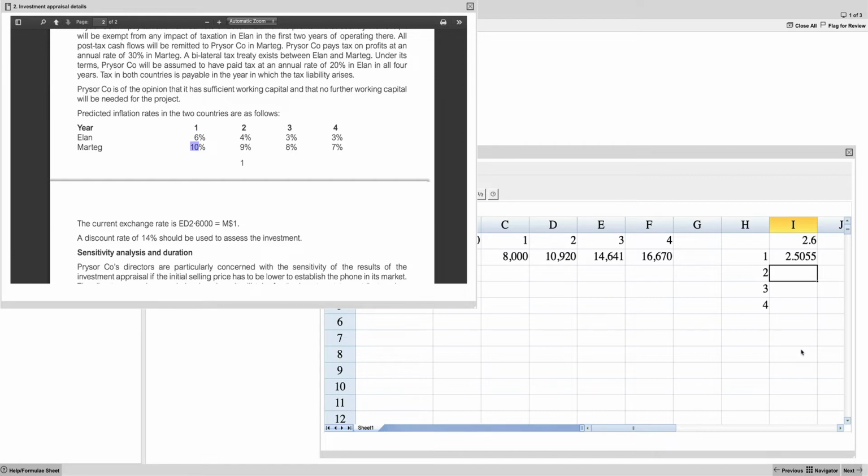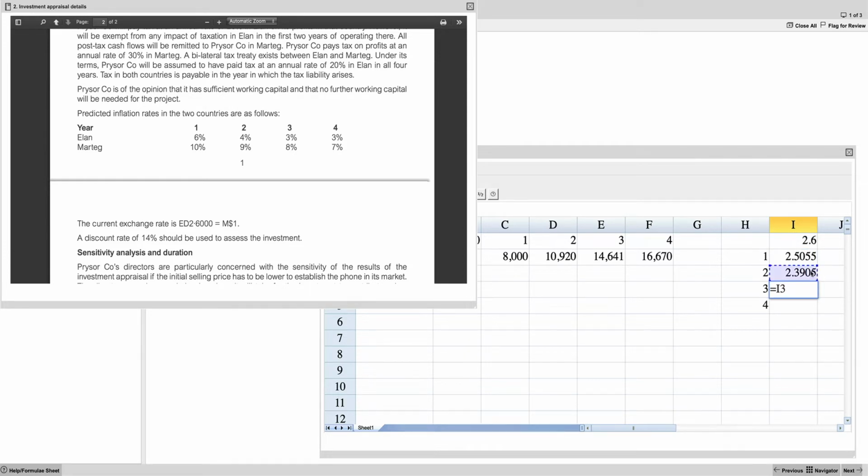Then next one, the counter exchange rate is now 2.5055, times 1 point inflation in the counter currency, 4%, so 1.04, divided by 1 point the inflation in the home country, 9%, 1.09.